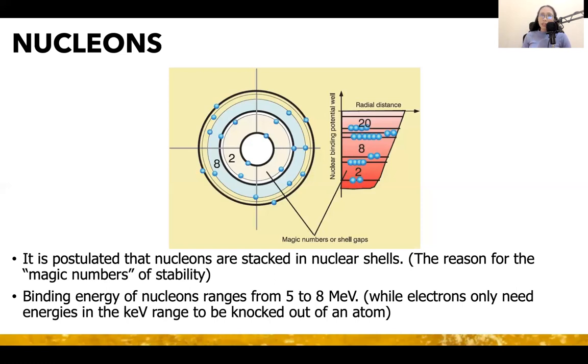Now, imagine your nucleus is made up of protons, which are positively charged, and neutrons, which are neutral. They don't possess any charge. You would think, wouldn't the protons repel because they all have the same charge? That is in fact true.